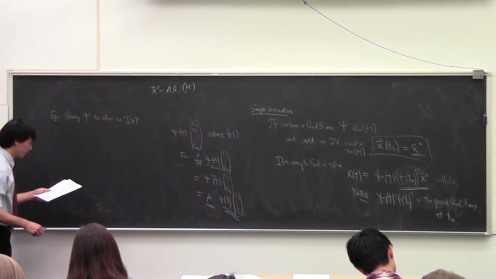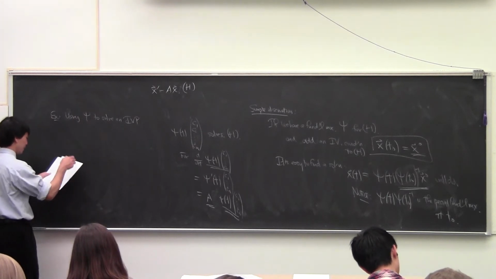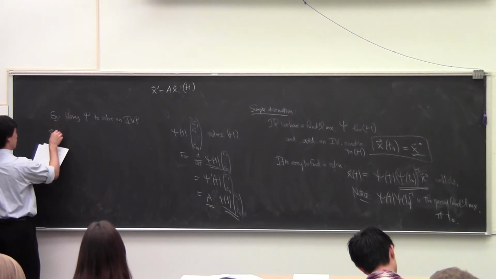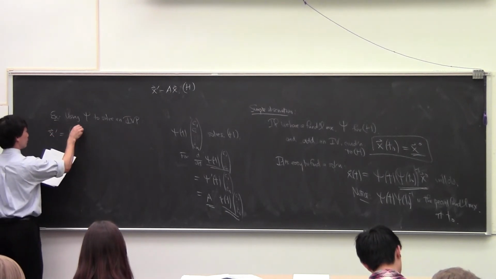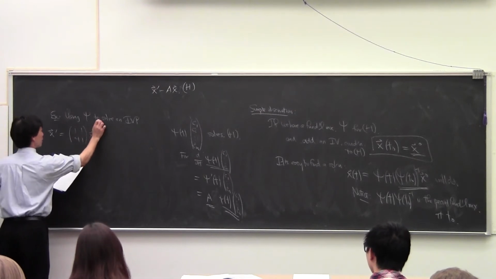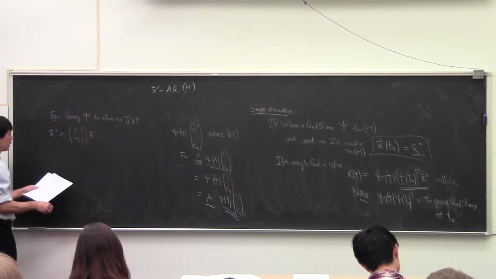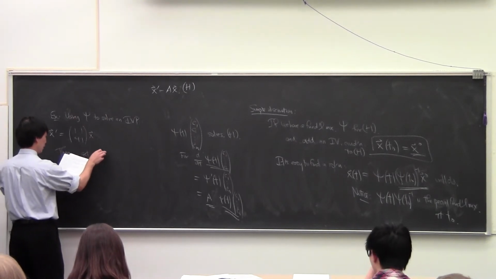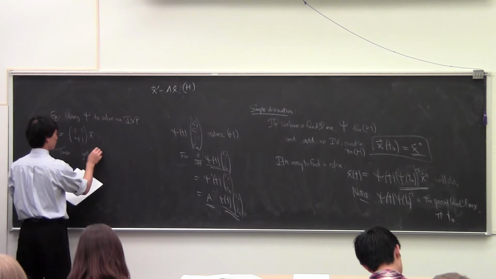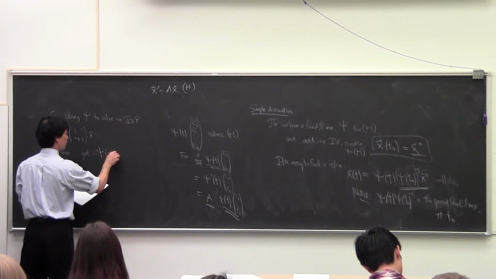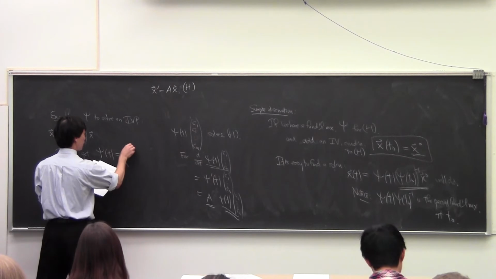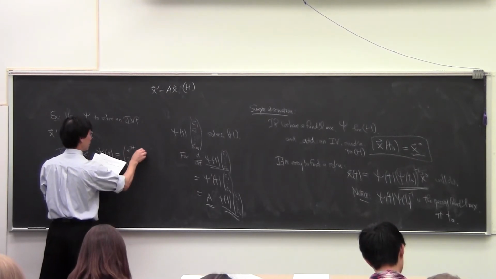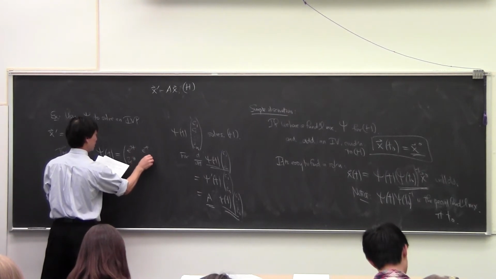Let's do it. Say you have the system X prime is the matrix 1, 1, 4, 1, times x. Then you can get a fundamental matrix: e to the 3t, 2 e to the 3t, e to the minus t, minus 2 e to the minus t.